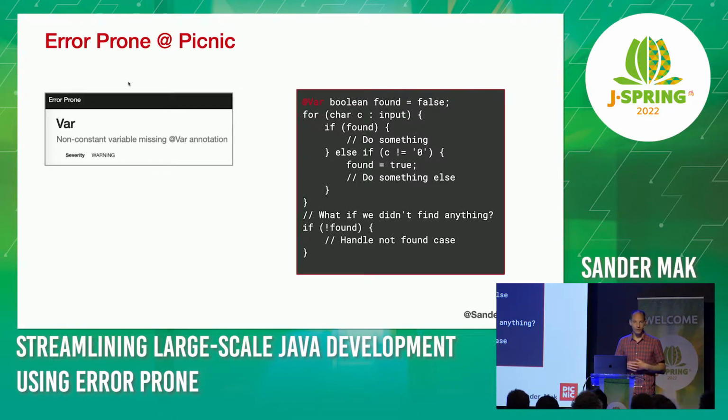It's always a good trigger to think about whether you really need this reassignment. But the default will be for all local variables and parameters to be final and not be reassignable, which in the end nudges us towards immutability without all the noise of introducing final everywhere. That's another way of using error-prone, which is not so much about bug patterns, but about tweaking the way you work with the Java language.